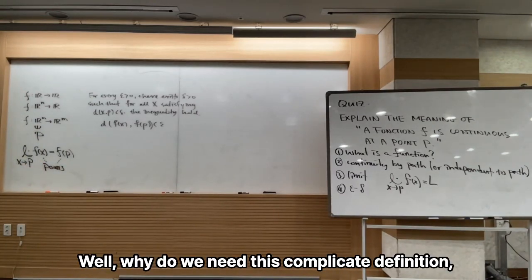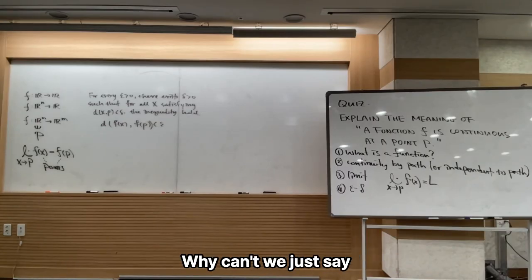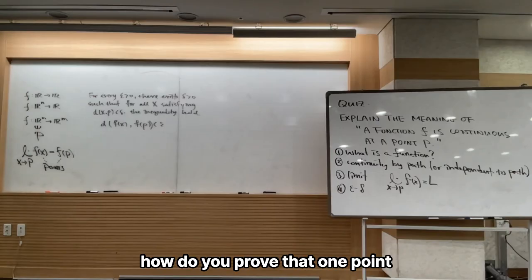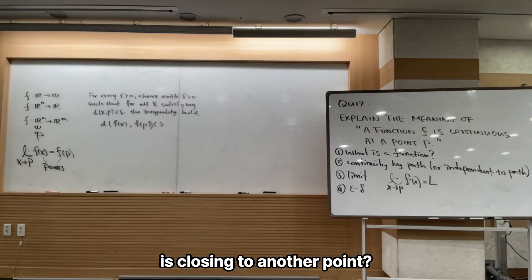Why do we need this complicated definition, this complicated statement? Why can't we just say it goes close to this point? Well, how do you prove that? The question is, if you want to claim that it is true, how do you prove that one point is closing in on another point?